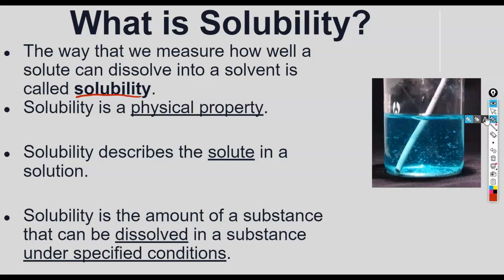Over the next few slides, I'll explain exactly what that means. But again, all solubility does is tell us how easy it is for a solute to dissolve in a solvent. It's a number, and as we'll see, it's a number that changes under different conditions. But let's see what that actually looks like on the next slide.